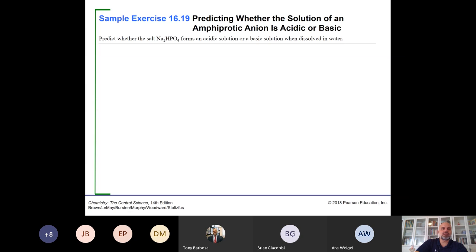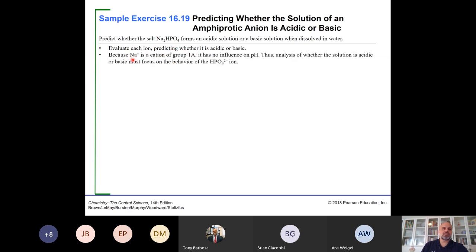So it's one of these polyatomic ones. This example says, predict whether the salt Na2HPO4 forms an acidic solution or a basic solution when dissolved in water. For that, we have to evaluate each ion, and predict whether it's acidic or basic.